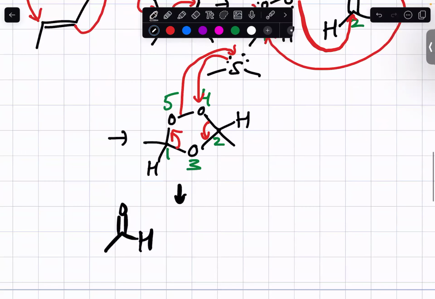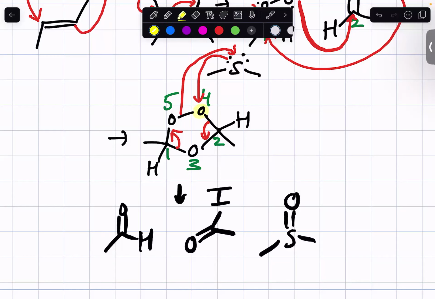Giving you there, and then sulfur. Where I'm going to highlight this oxygen is that oxygen right there. This oxygen is this oxygen, and this oxygen is that oxygen right there, right?